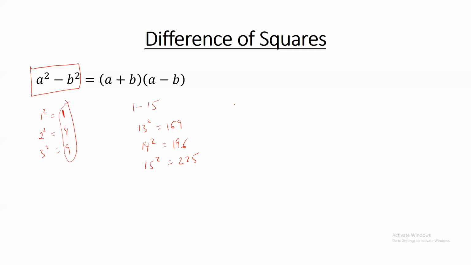Ideally, you really want to know from 1 to 20, which would also include knowing that 16 squared is 256, 17 squared is 289, 18 squared is 324, 19 squared is 361, and 20 squared, of course, is 400.